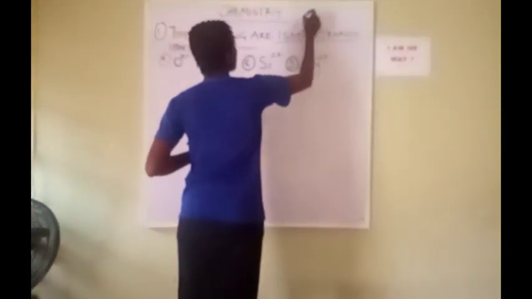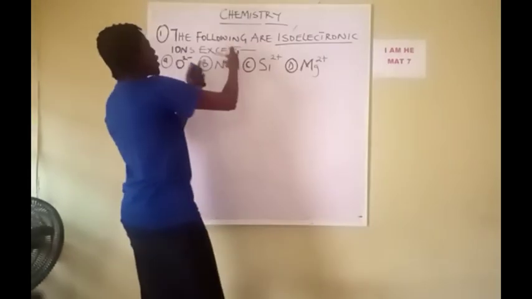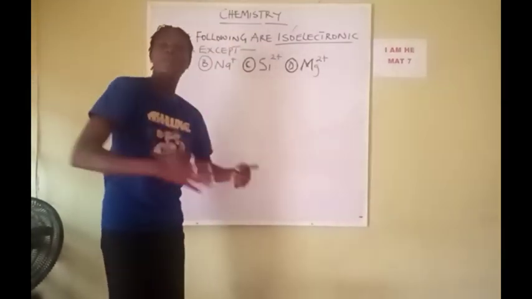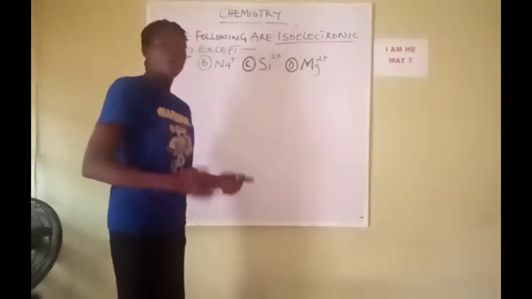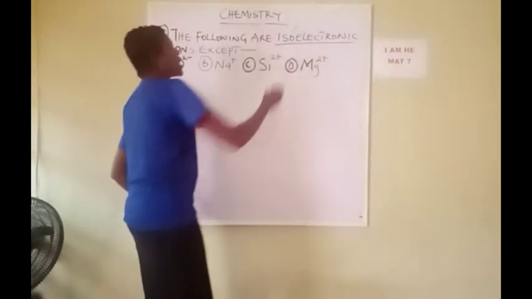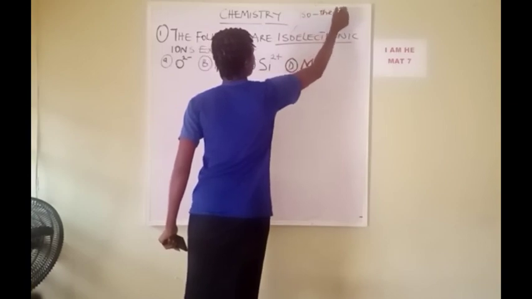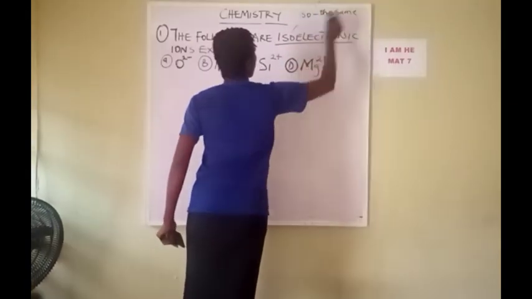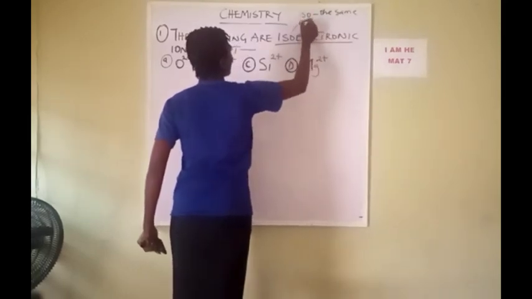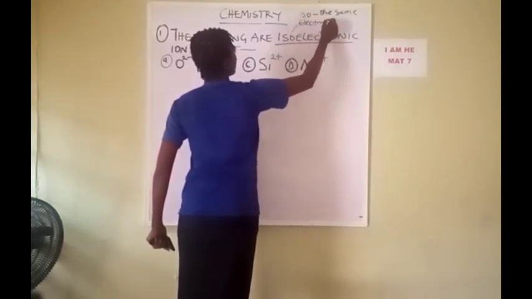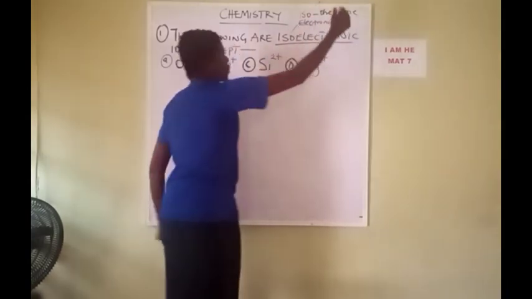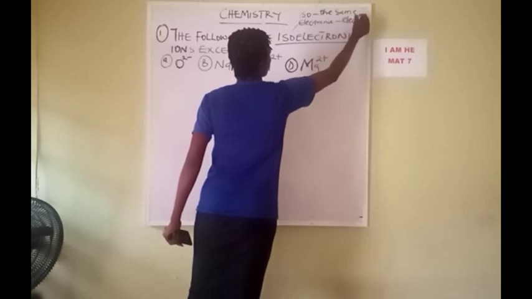That is to say, ions having the same number of electrons. Iso means the same. Electronic pertains to electrons.